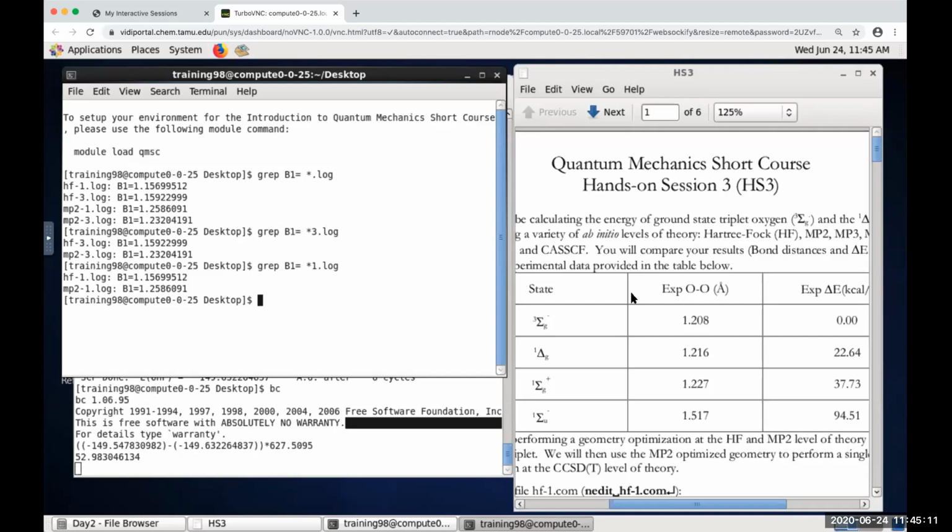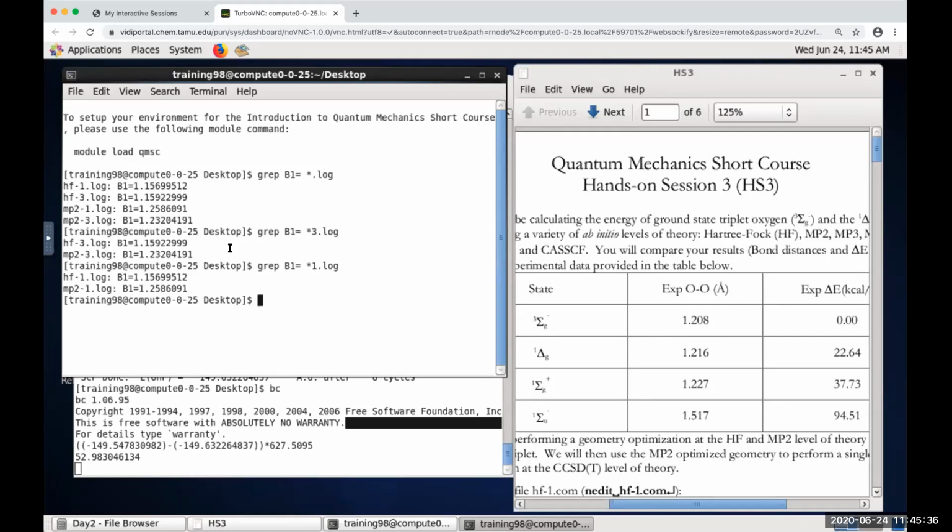Now, if you look at the bond distance and compare it to the experimental for the triplet, the ground state, Hartree-Fock is too short. It's definitely too short. And for the MP2, it's too long. This is very common. Hartree-Fock doesn't include that all-important dynamic electron correlation, which is why the distance is too short.